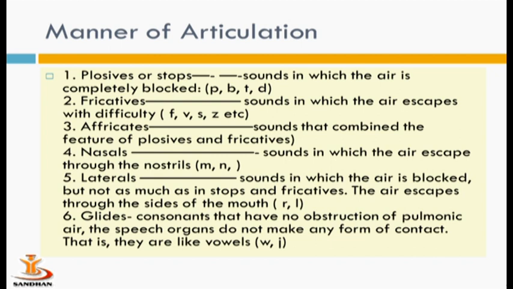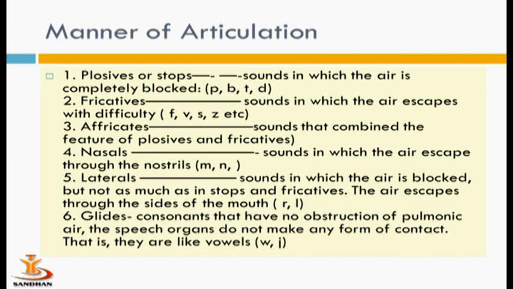I want you to once again understand what actually happens, because then it becomes easier to remember. So a plosive, which is also called a stop, because for some time you stop. B, b, t, d. Sounds in which the air is completely blocked. What happens in fricatives, as in f and v, s and z?